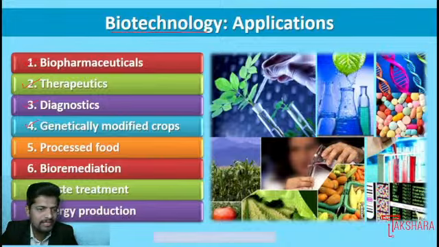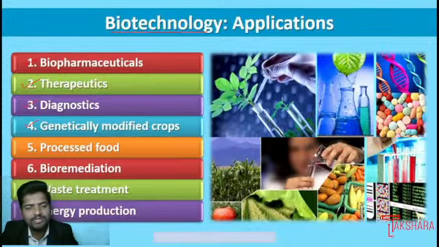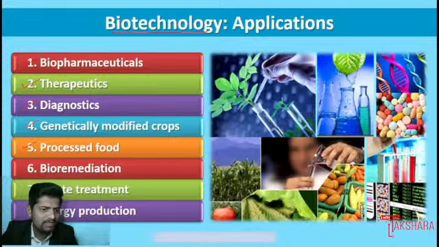Disease-free crops are obtained only with the use of rDNA technology. Here also the mechanism is the rDNA technique only. Okay, and the next one is processed food industries: modified food molecules and nutrient-rich food are all produced only with rDNA technology processes.